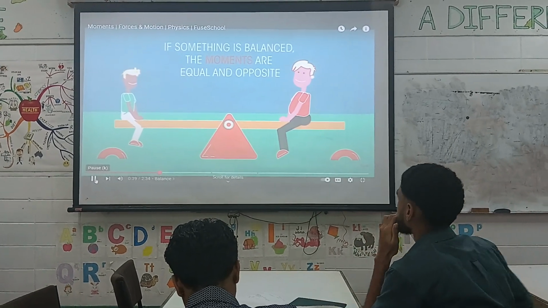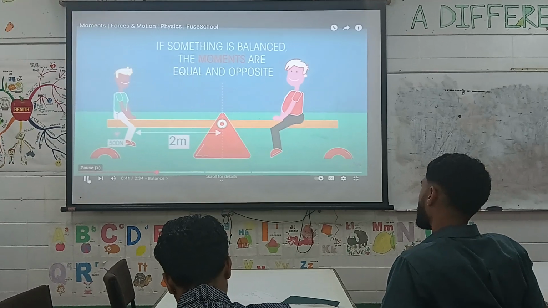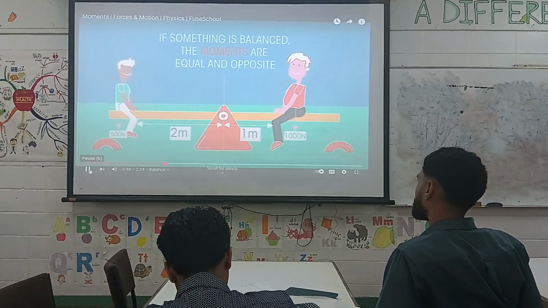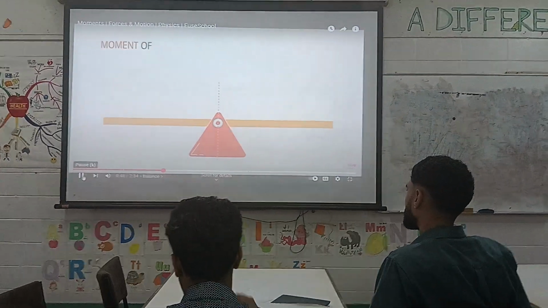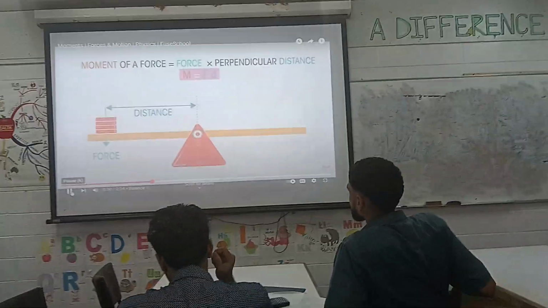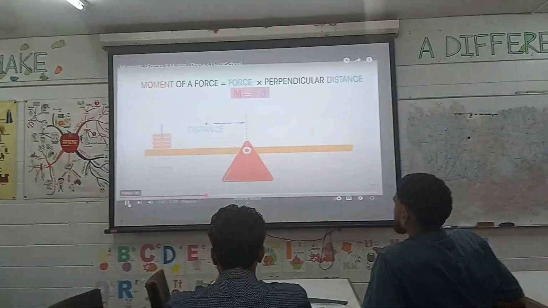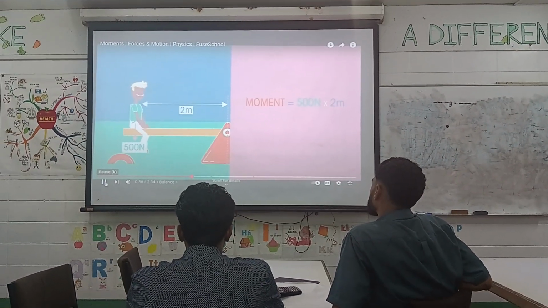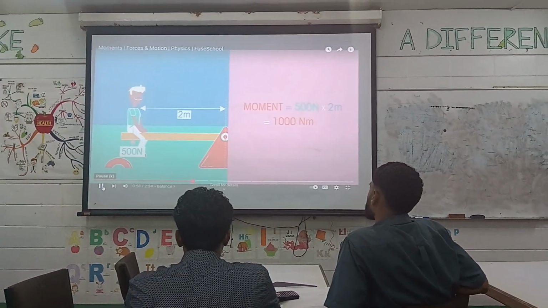To be balanced, this lighter child needs to sit further away from the pivot, and the heavier child needs to be closer. This is because the size of the moment is determined by the force and a distance. So the moment of the lighter person is 500 newtons multiplied by 2 meters, 1000 newton meters.